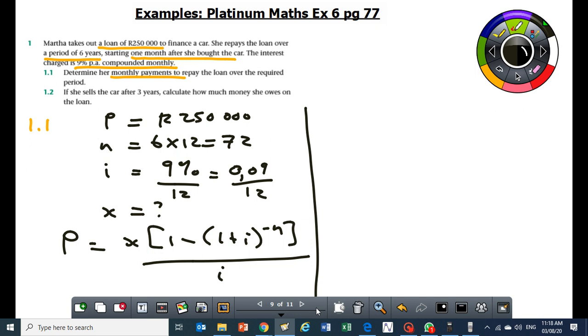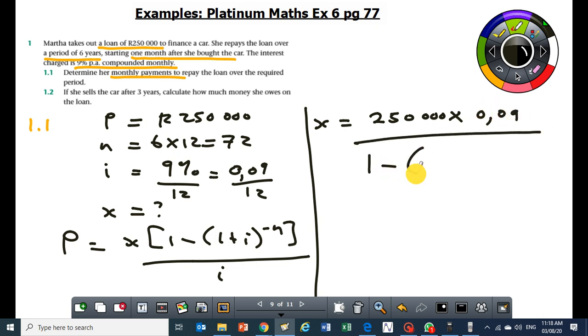Okay, now we want to get x, so x is going to be equal to 250,000 times 0.09 over 12, all over 1 minus 1 plus 0.09 over 12 raised to the power of minus 72.